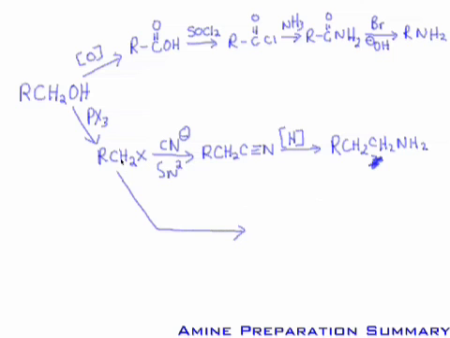we learned that primary alkyl halides can be attacked by the phthalimide anion in what is called the Gabriel phthalimide synthesis of a primary amine.